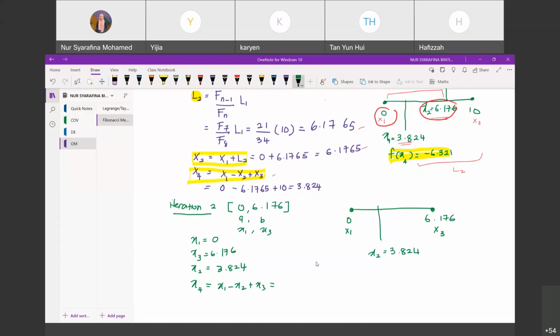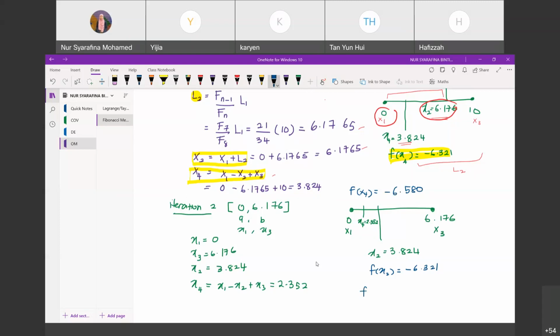All right, 2.352. So the location of 2.352 should be here, right? This is your x4. So now you just need to evaluate f(x2) and f(x4). f(x2) is given by negative 6.321 and f(x4) equals negative 6.580.